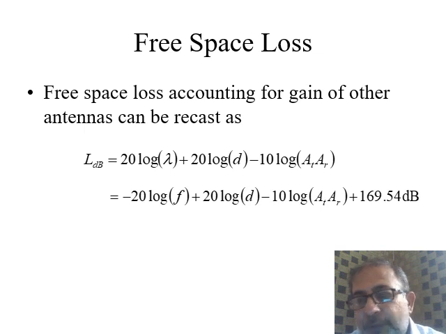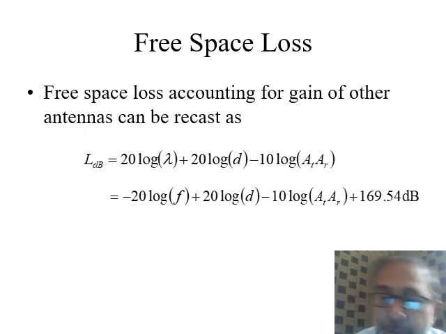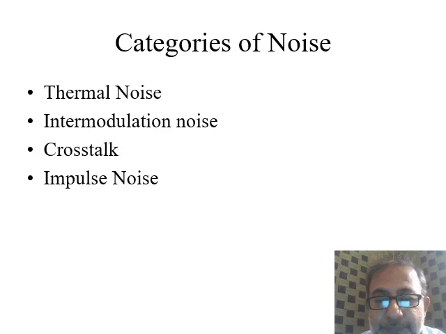And in the form of frequency and c, which is the speed of light, we can convert it to the form of minus 20 log of f plus 20 log of d minus 10 log of At into Ar plus 169.58, and the answer comes out in dBs.